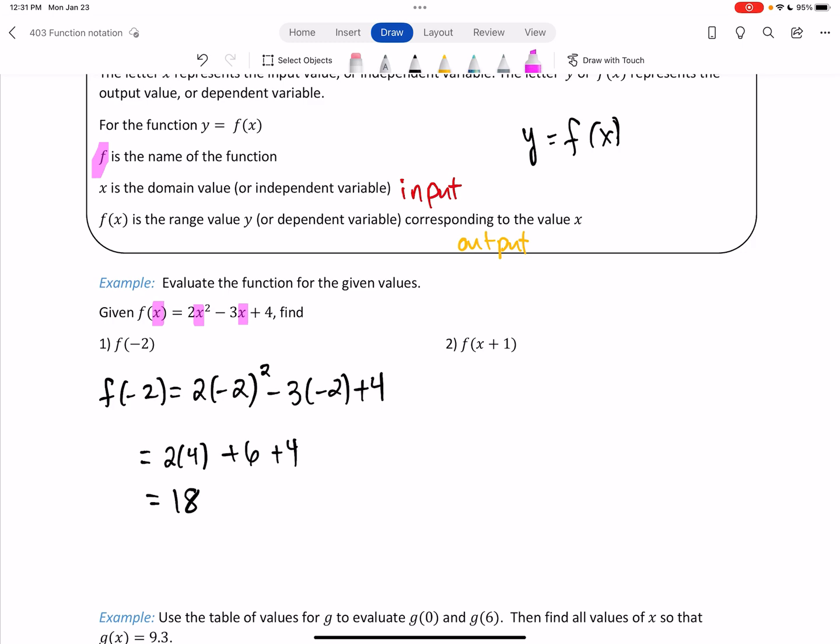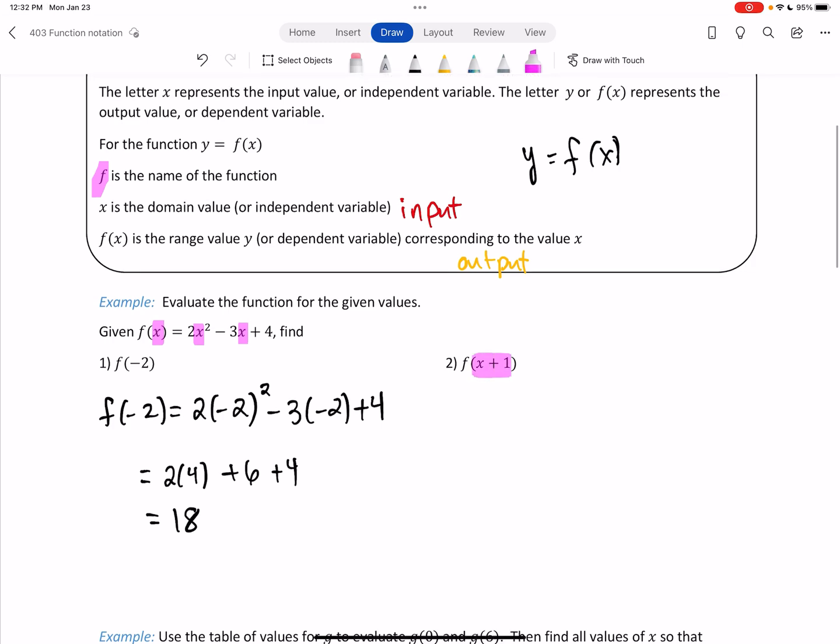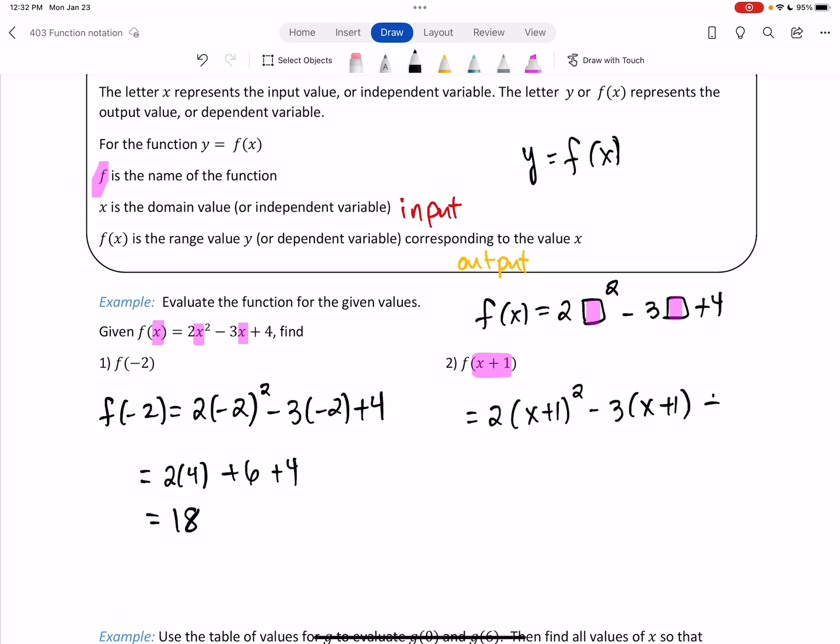Okay, so now in this second example, it wants x plus 1 to be our input. So when you're thinking of f of x, remember it's 2 times something squared minus 3 times something plus 4. So that something is going to be x plus 1. So this would look like 2 times x plus 1 squared minus 3 times x plus 1 plus 4.